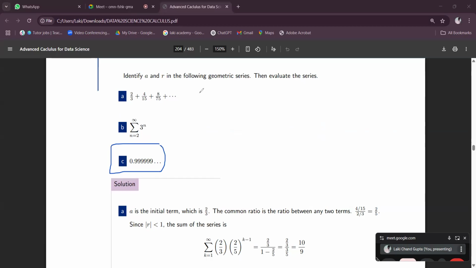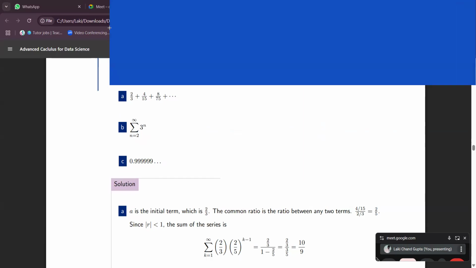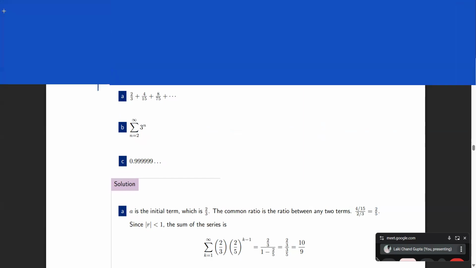Now, see 0.999. How can you evaluate this? See, this is a very good question, and you can learn new things.